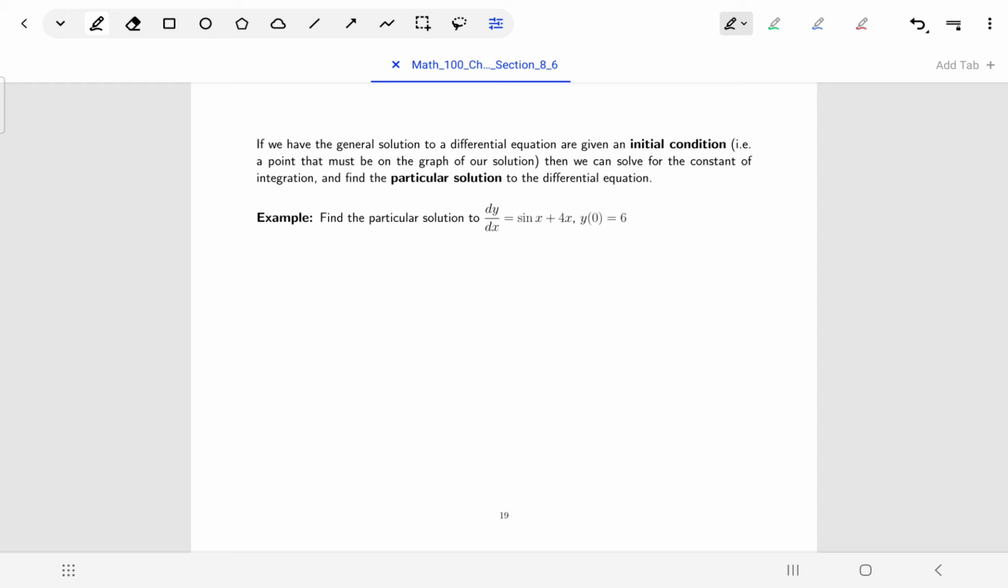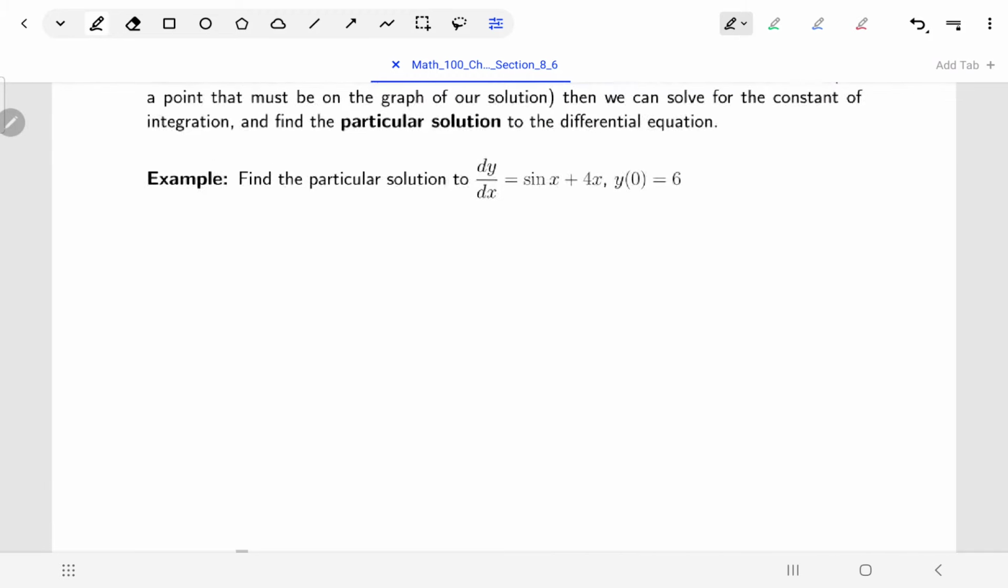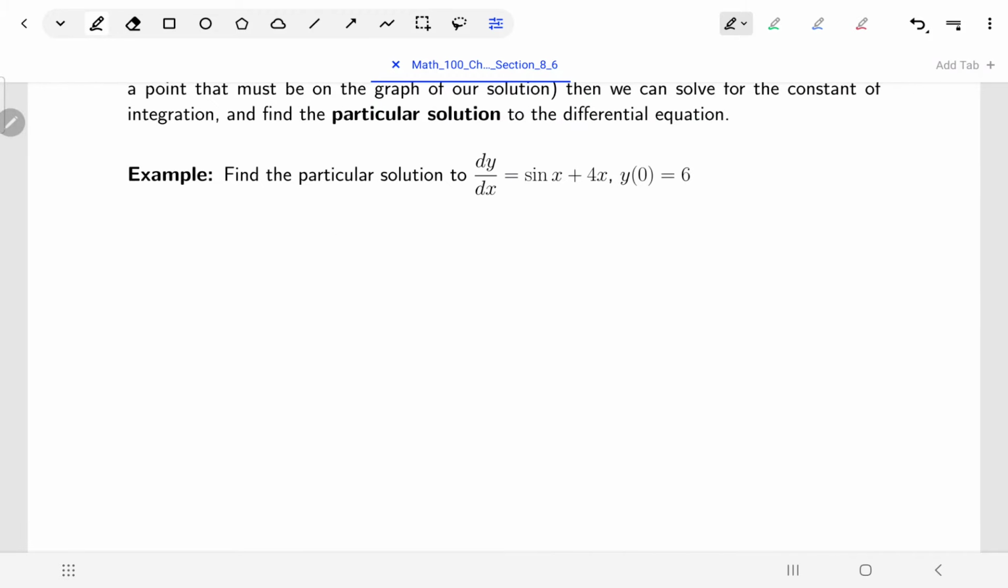So to find our particular solution, we first start off finding the general solution. And right now, I already have things in the right form. I've got my derivative on one side, and everybody on the other side is just in terms of x. So I know that if I wanted to find y, I would just need to integrate the right side with respect to x.